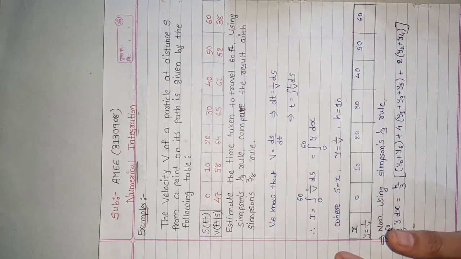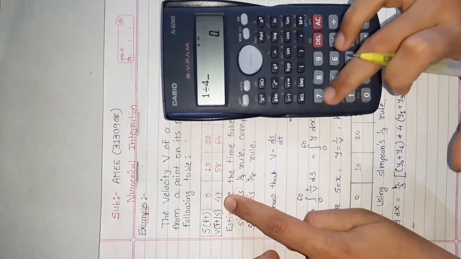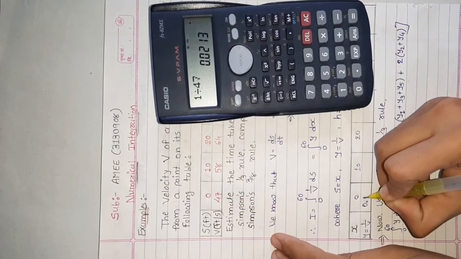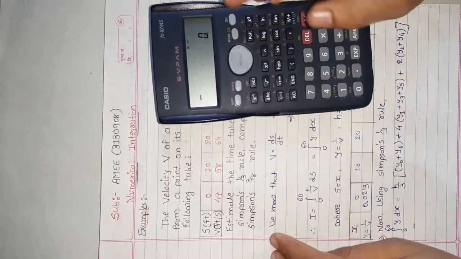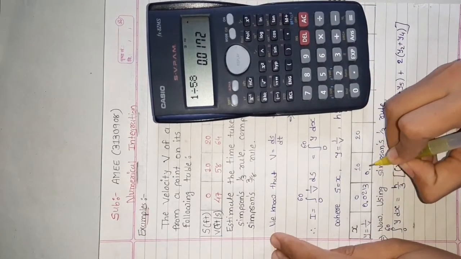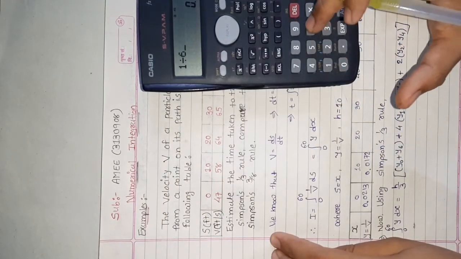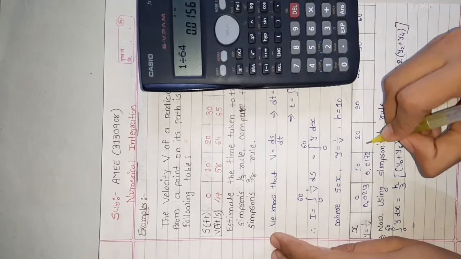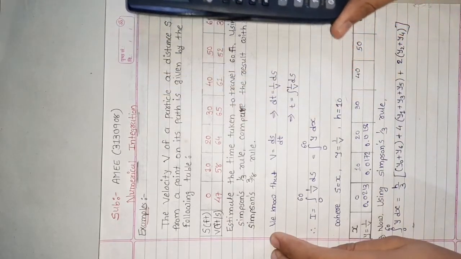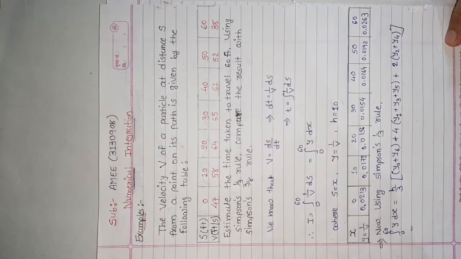First, 1 over 47 is 0.0213, then 1 over 58 is 0.0172, then 1 over 64 is 0.0156, and calculating the same way we find all the values.